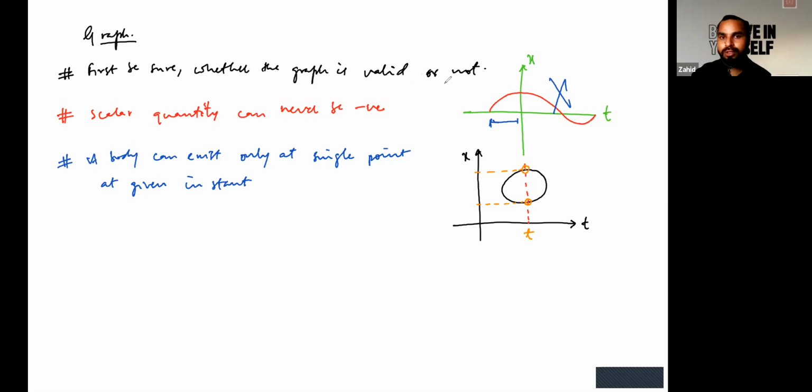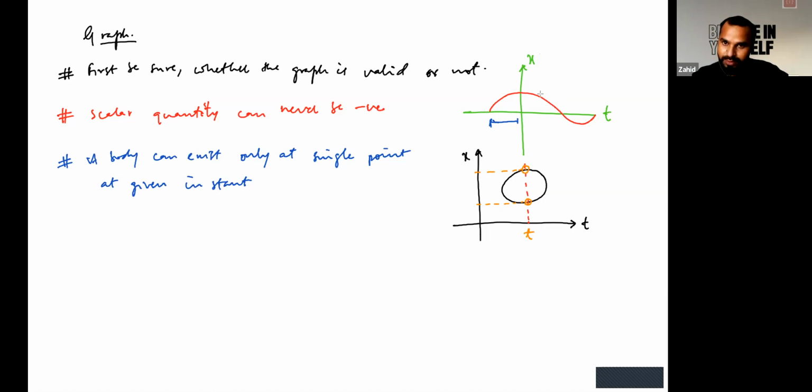Valid or not depends upon whether the quantity given in this particular expression is scalar or vector, or whether the slope of this particular graph defines a scalar quantity or a vector quantity. Suppose in the same expression, if I ask you to find the slope of this particular graph, and let's say x is displacement here.